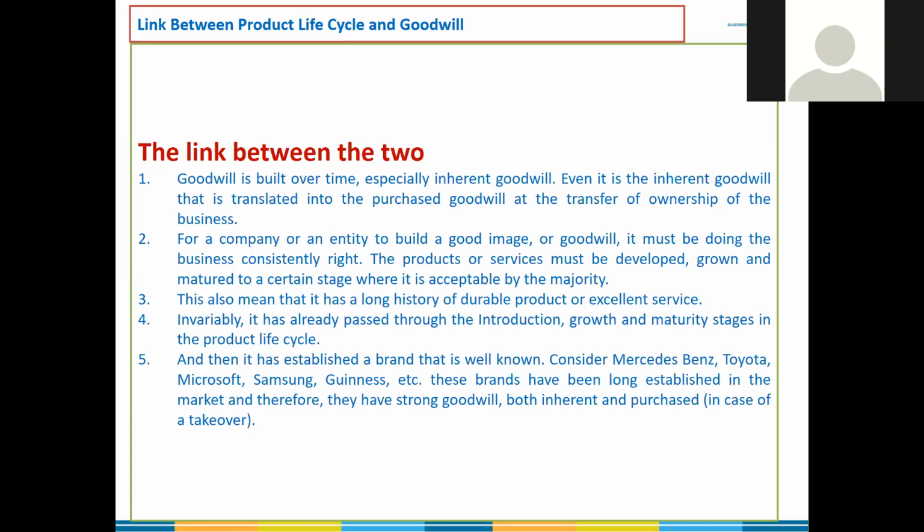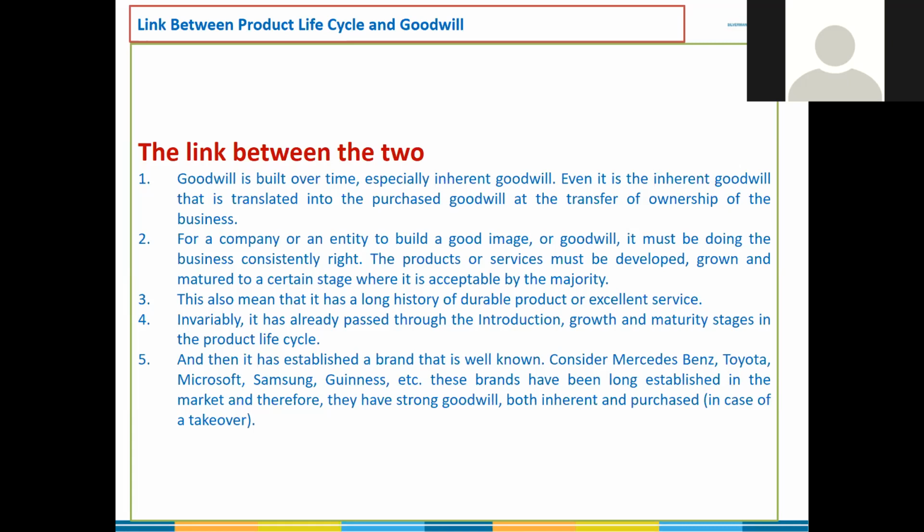Now, another stage is that this also means that it has a long history of durable product or excellent service. Invariably, it has already passed through the introduction, growth, and maturity stages in the product life cycle. Number five, it has established a brand that is well known.